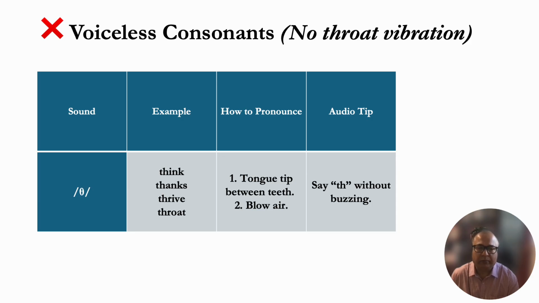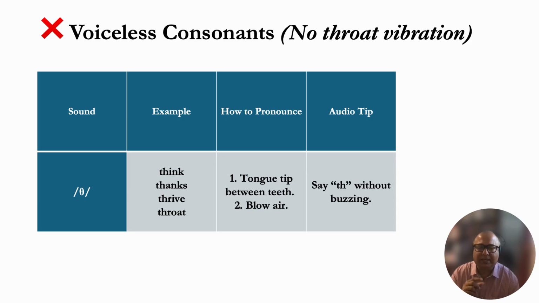The voiceless consonant that we are going to pronounce together is th. Some words with this sound are think, thanks. You know how people say, oh, thank you, thrive, throat. So your tongue tip is between the teeth.